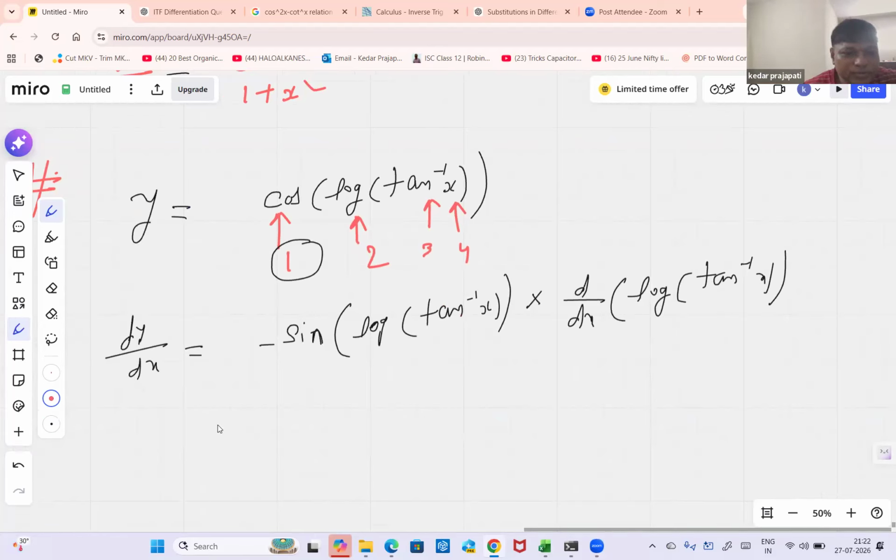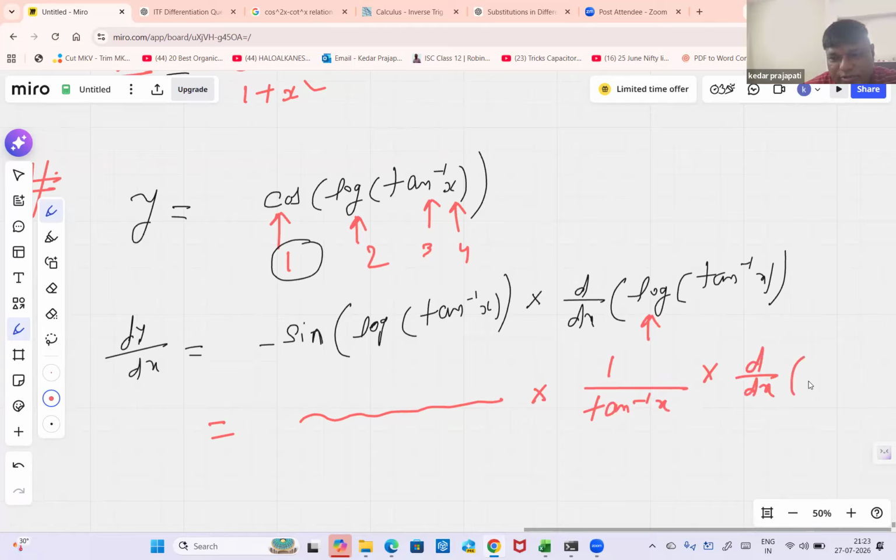This is not going to change, it will be as it is. Now this will get differentiated first. So log x is 1 by x, right? What will come? 1 by log tan inverse x into, never write everything at one time. You will get confused. Okay.